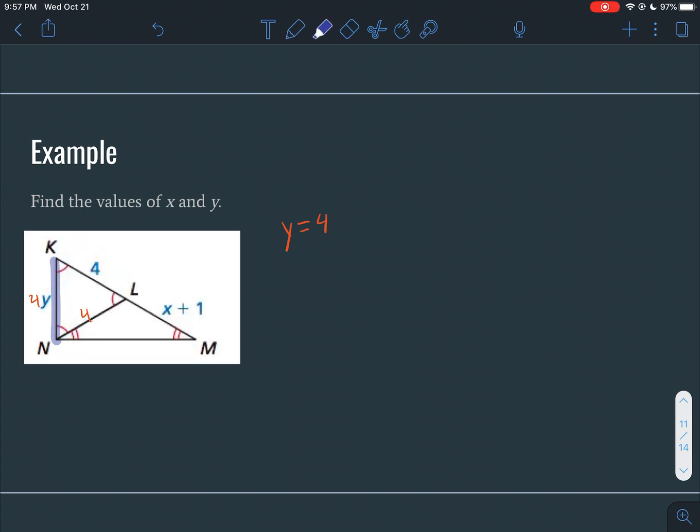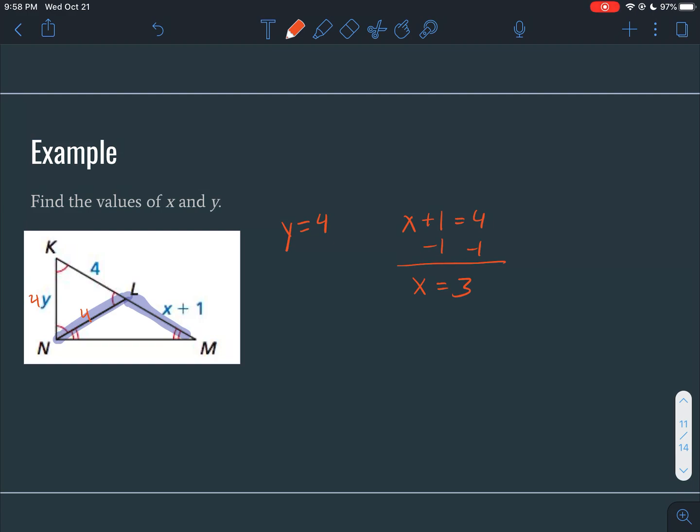But if this side is 4, and this side is also 4, so x plus 1 is 4. So x equals 3. So x equals 3, y equals 4.